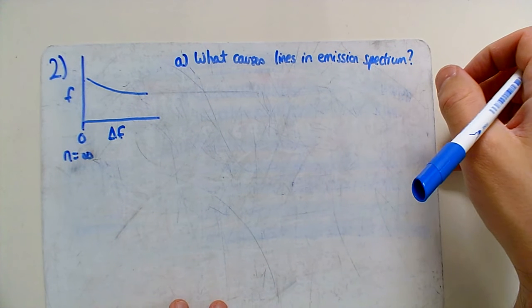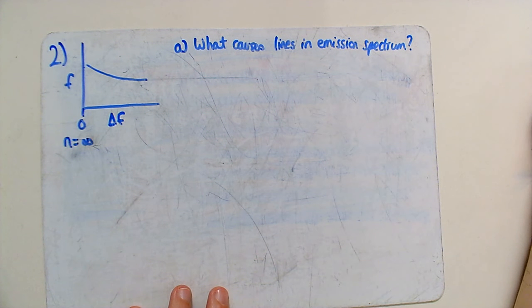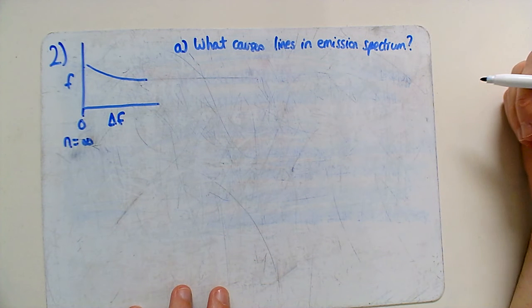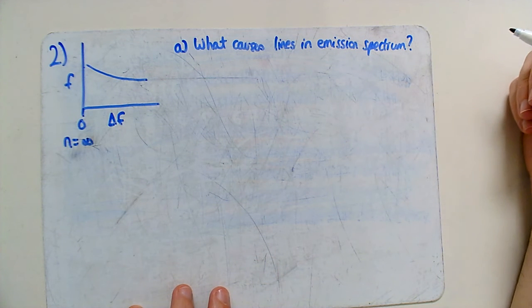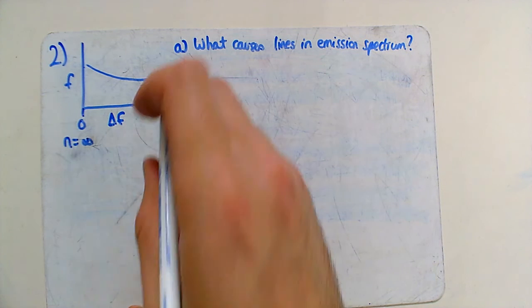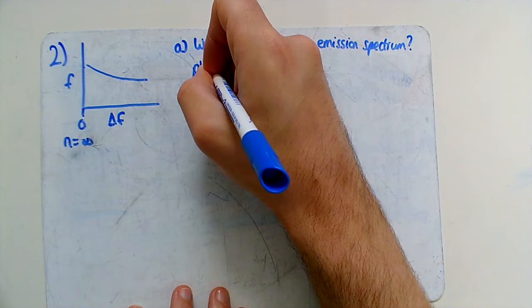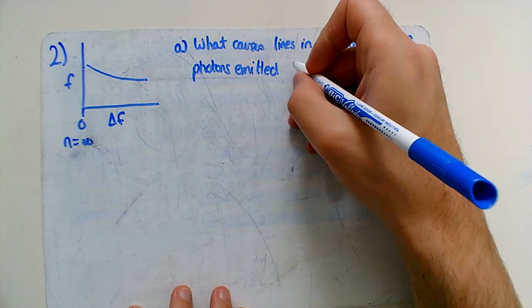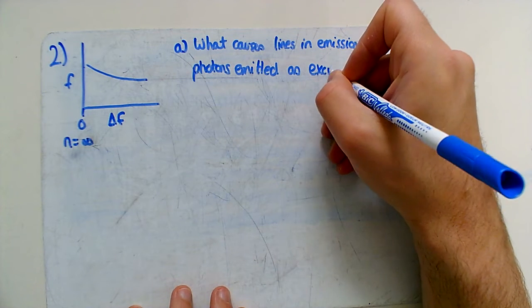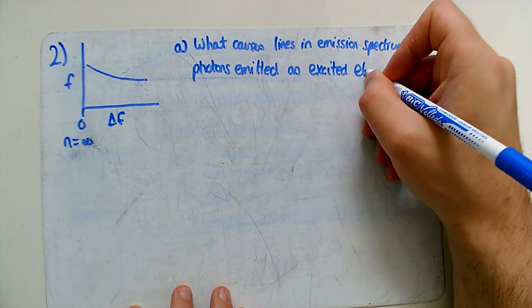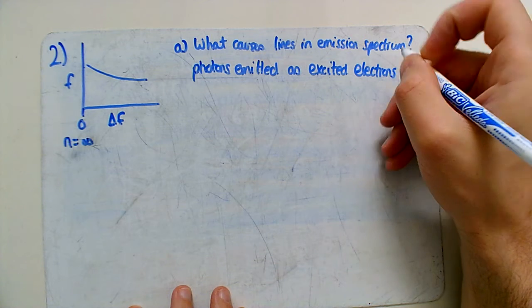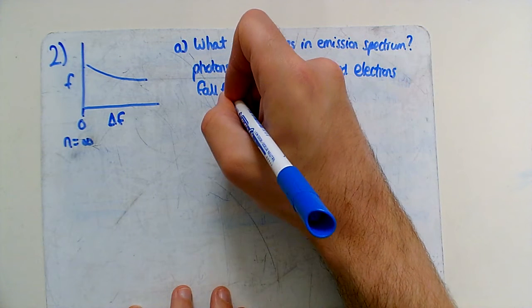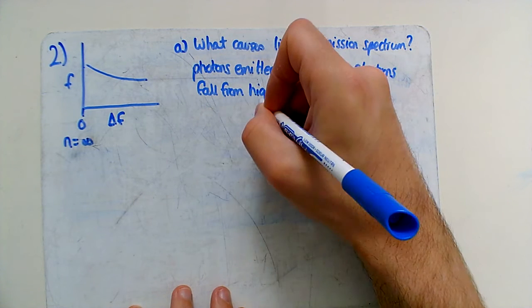Now, when it's an emission spectrum, you need to remember that is light being given out by the sample, not light being absorbed by a sample. And so in an emission spectrum, what's causing this is photons emitted as excited electrons fall from higher to lower energy levels.